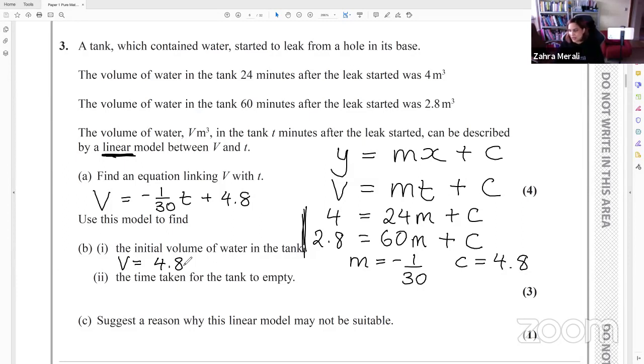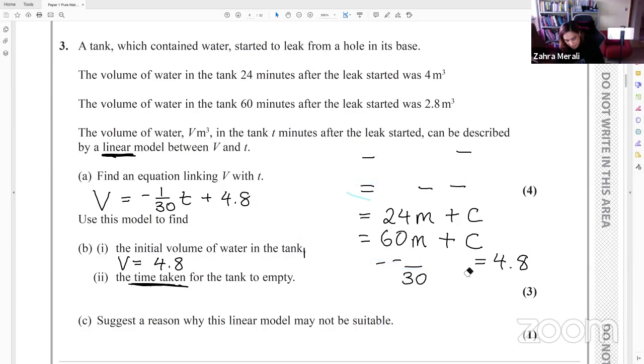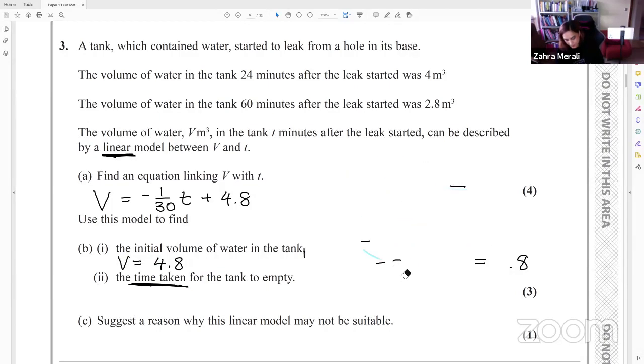And then it says the time taken. So here we're looking at time. So we want to find t for the tank to empty. So when the tank empties, what's going to be the case? When it's empty, v will be 0. So let's have a look what happens when v is 0.